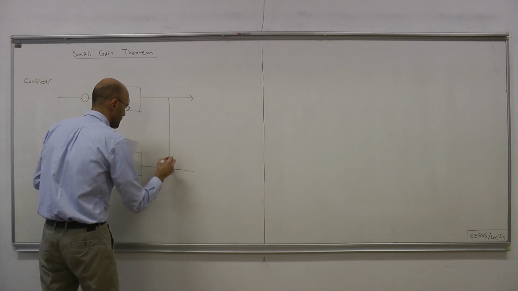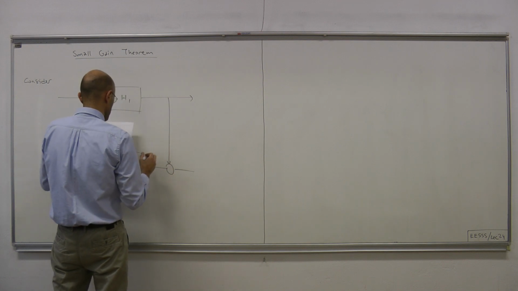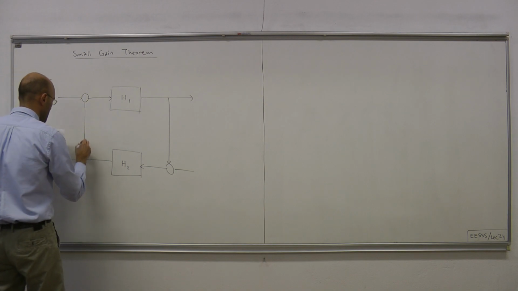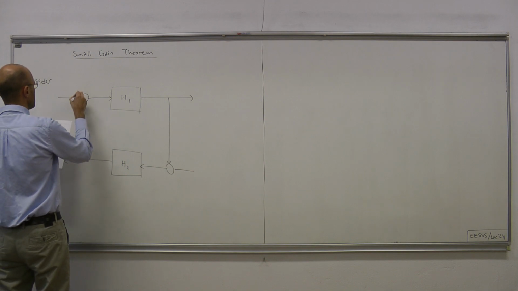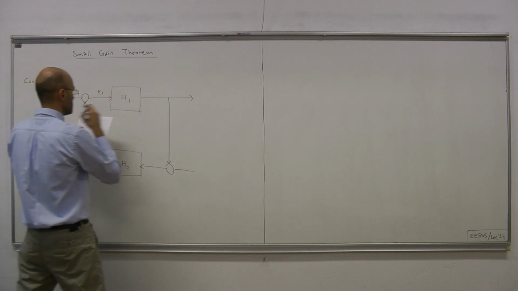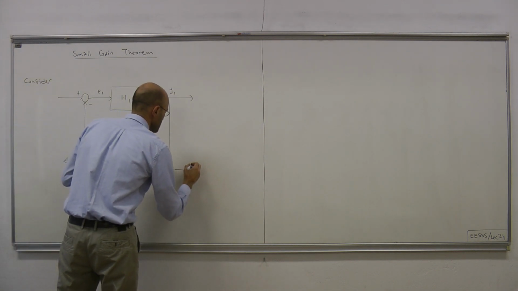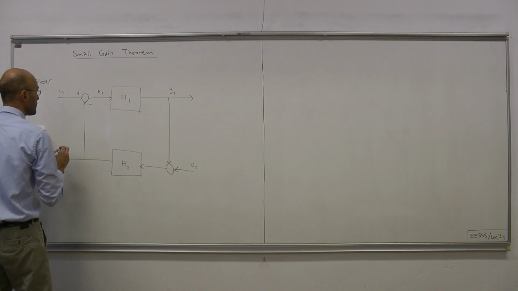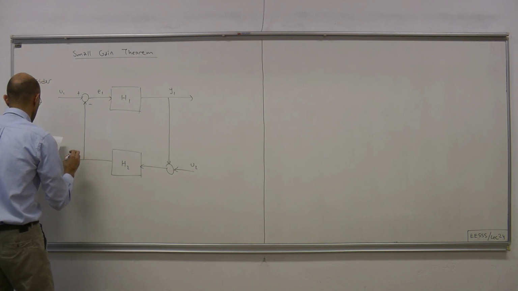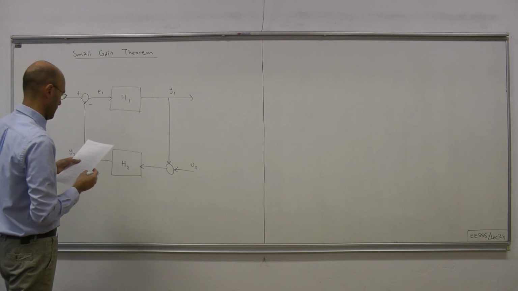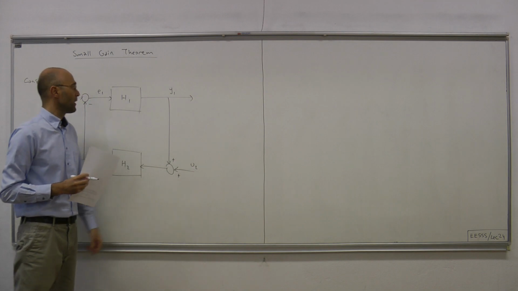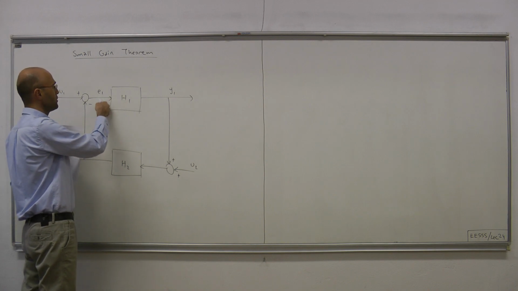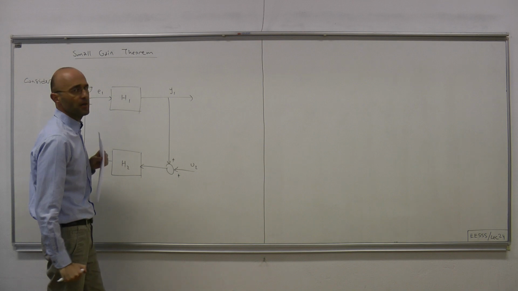And this is what we have. The H1 block represents our first subsystem with input E1, E for error, and Y1 as its output.